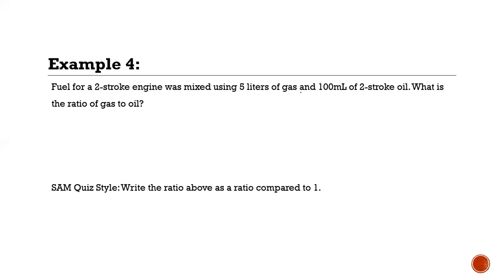So we need 5 liters of gas and 100 mils of oil. What's the ratio of gas to oil? So let's start that. We need gas to oil. And if possible, we want to use the same units. Now, if you wrote 5 liters to 100 mils, we could do that, but that's not quite as nice a number.